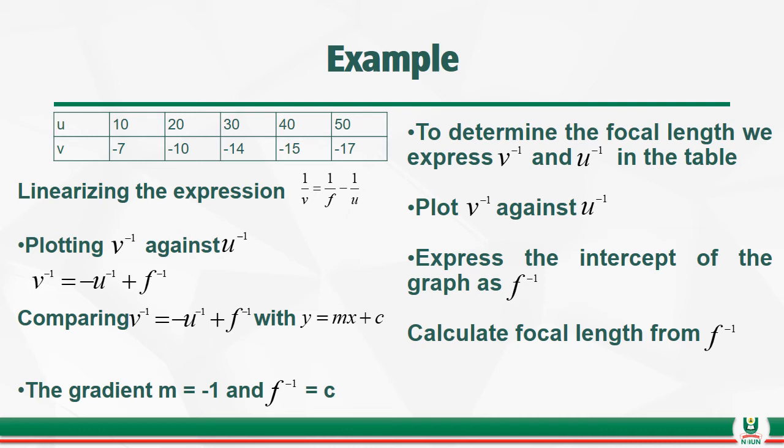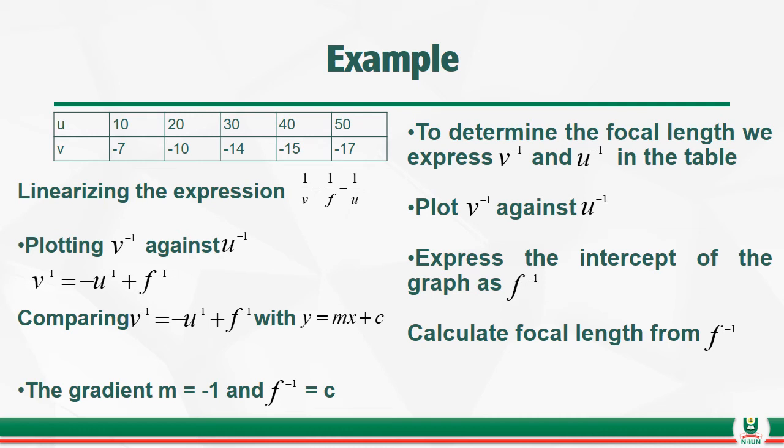And we are to plot the inverse of V against the inverse of U. Therefore, if we rewrite our equation, 1 over V equals 1 over F minus 1 over U, it becomes the inverse of V equals minus the inverse of U plus the inverse of F. Therefore, comparing this with our equation of a straight line, our gradient m will be equal to minus 1. And our intercept will be the inverse of our focal length.